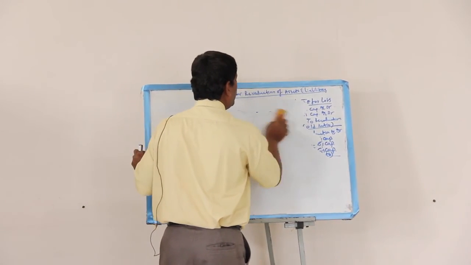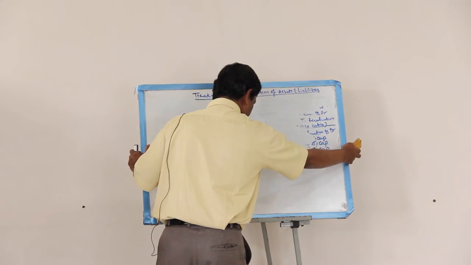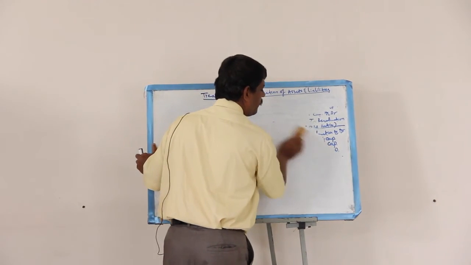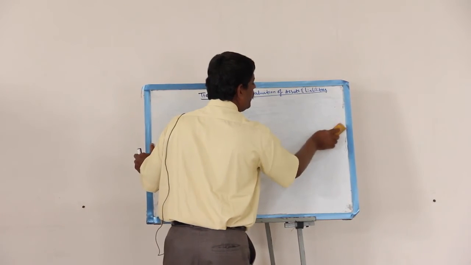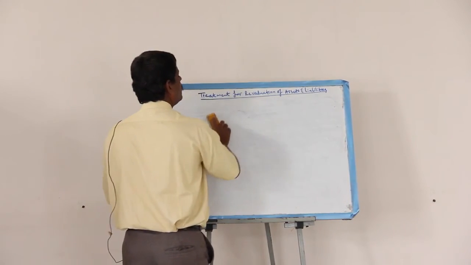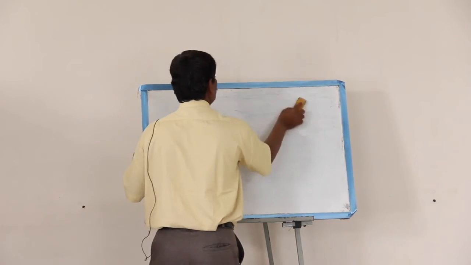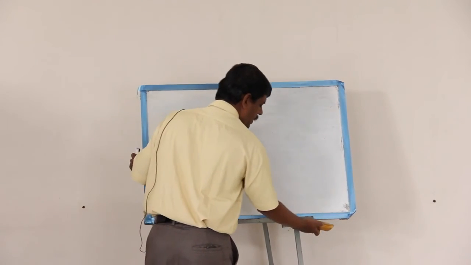Let's move on to the next point: capital brought in by the new partner. How much capital he is bringing into the business, they will tell you in the problem.